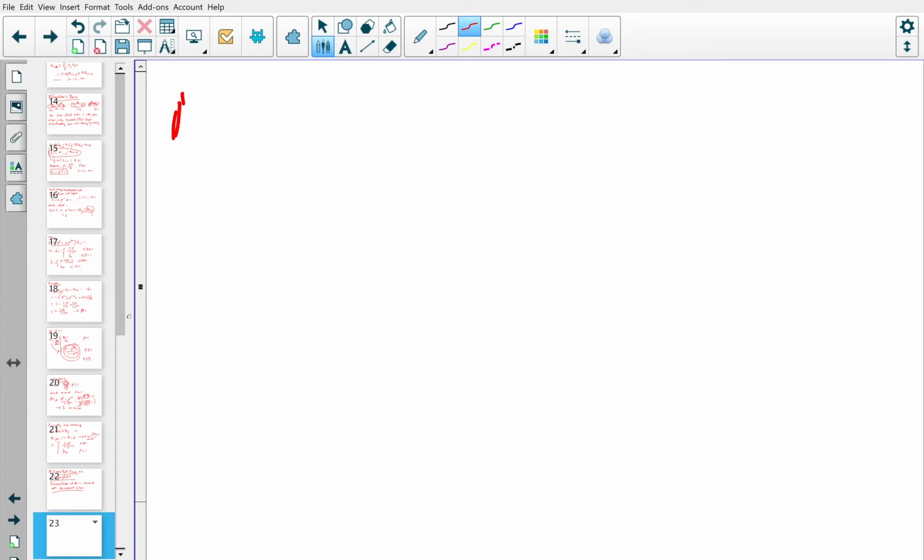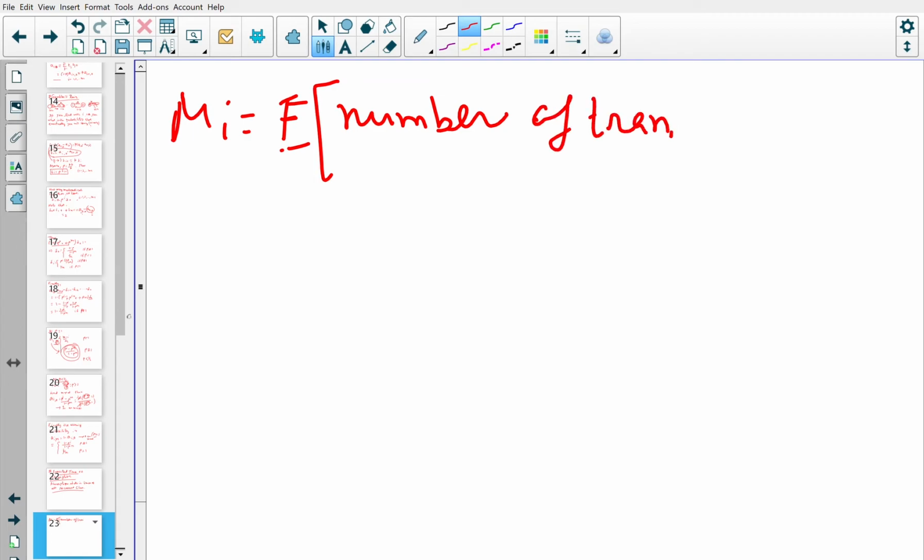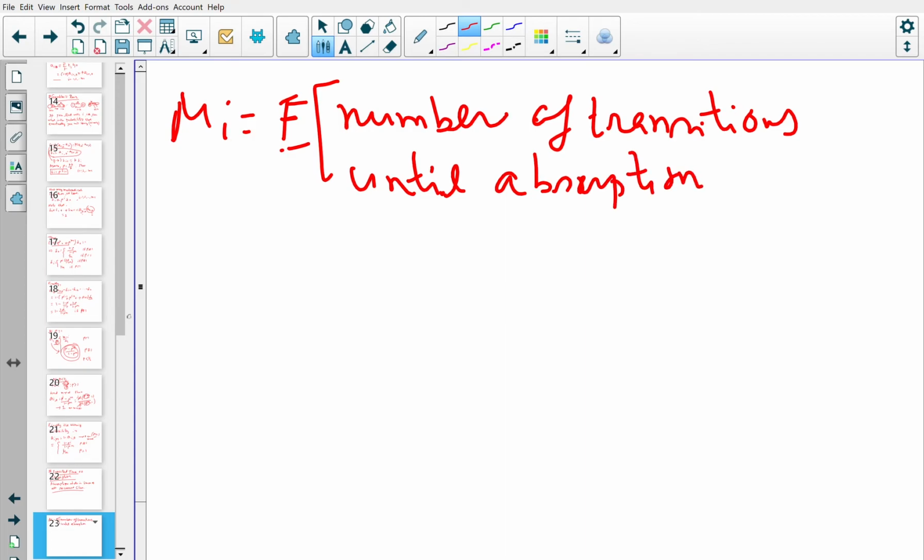Okay, so here we define something called mu i. This is the expected value of the number of transitions until absorption, such that you start with i.